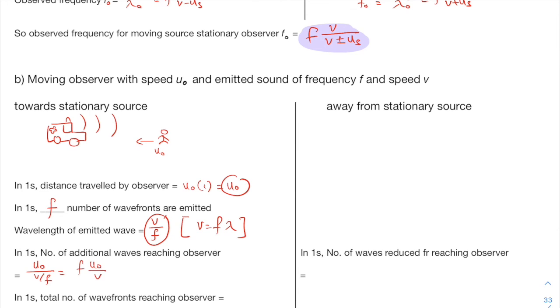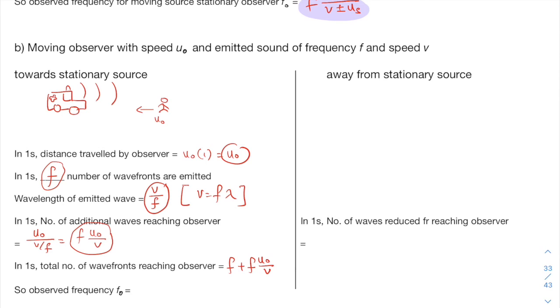So now let's consolidate. In 1 second, the total number of wavefronts reaching the observer: this is the additional one, and this is the number that would reach the observer if it's not moving. So the total number would be the addition of both: f plus f u_o over v. If I factorize, I get this.